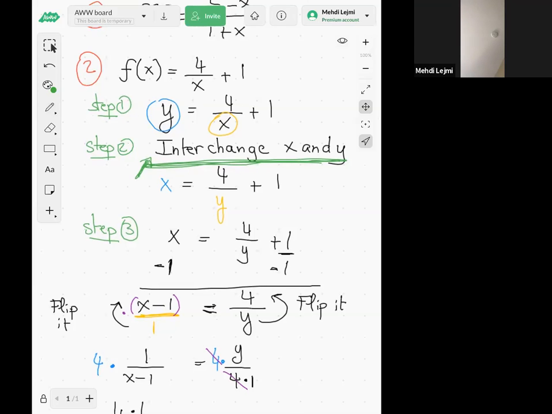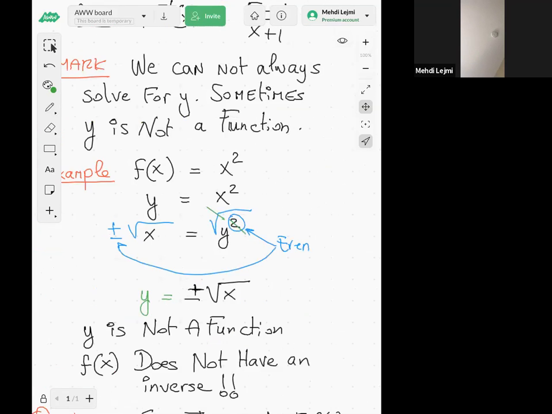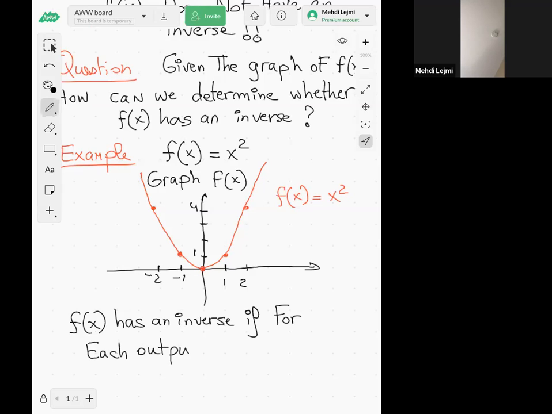So what I'm saying is, f of x has an inverse if for each output there is exactly one input.